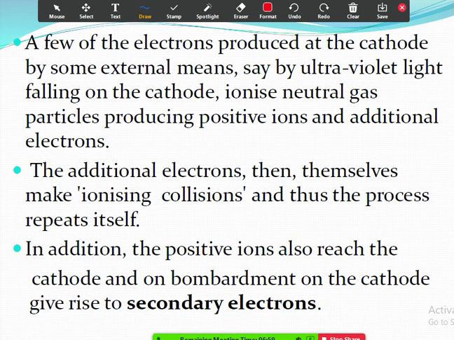Okay, we'll continue the topic. So look at the first point.